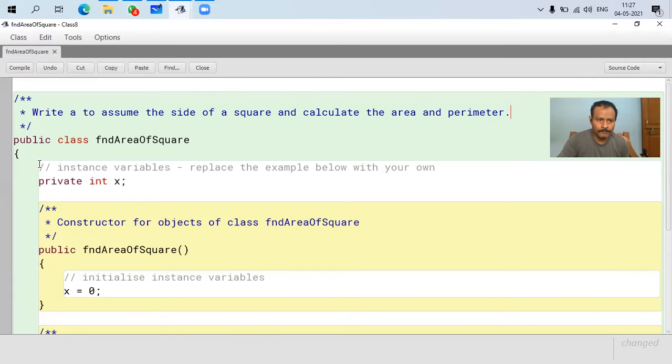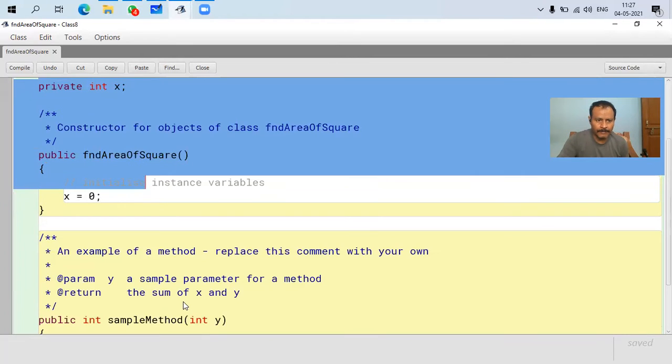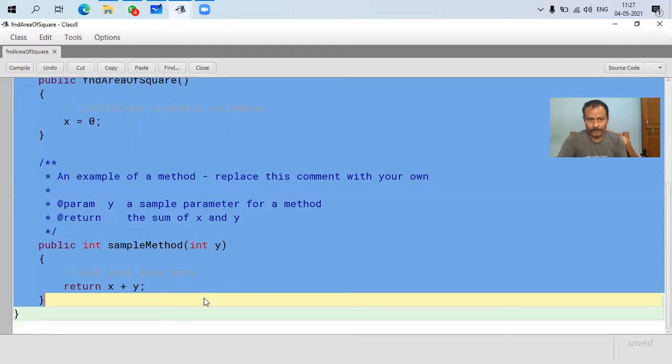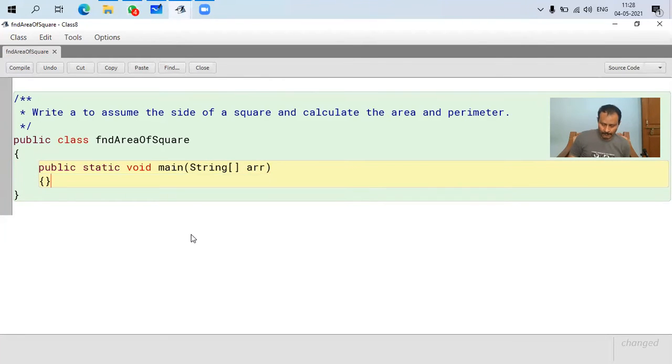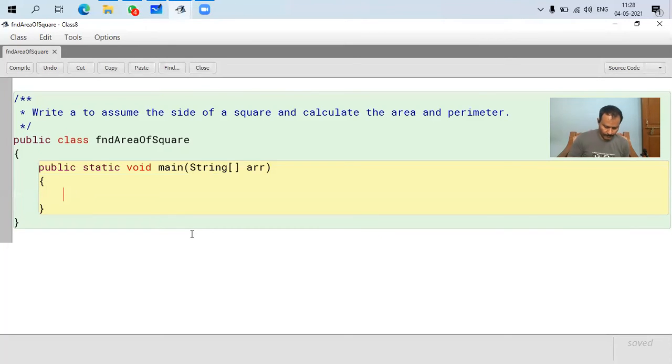Okay, now, so what we need, to remove all this, then there, what we need, an integer side, and we assume the value as 6 centimeter.